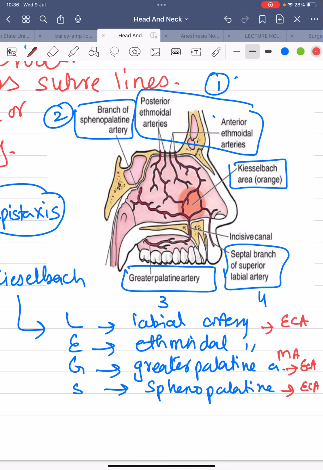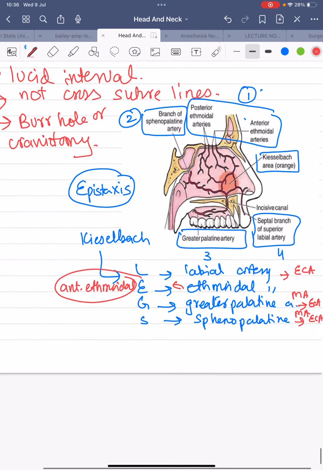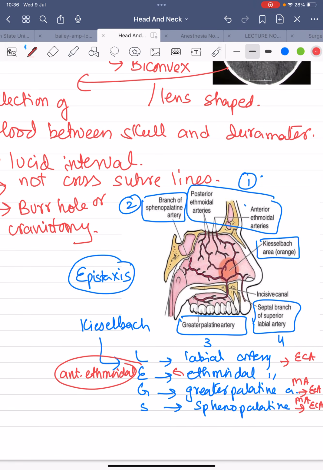Only the anterior ethmoidal artery, please remember, very important point, especially the anterior ethmoidal artery. All our others are coming out from the external carotid artery except the anterior ethmoidal artery. It is coming out from the ophthalmic artery, which is a branch of your internal carotid artery.